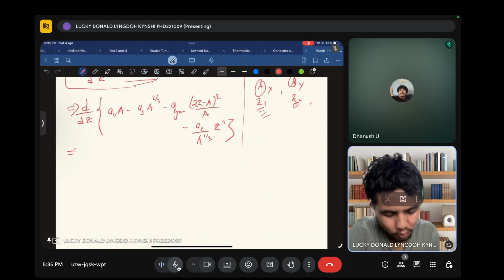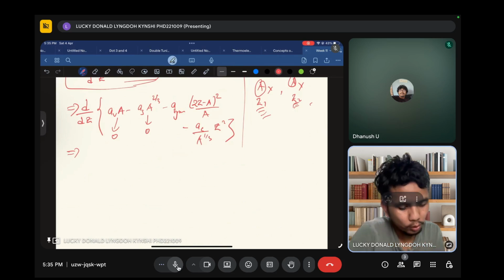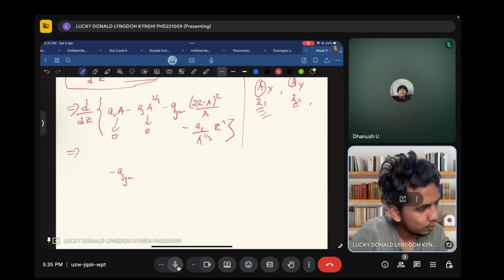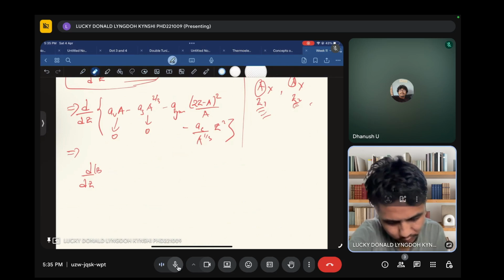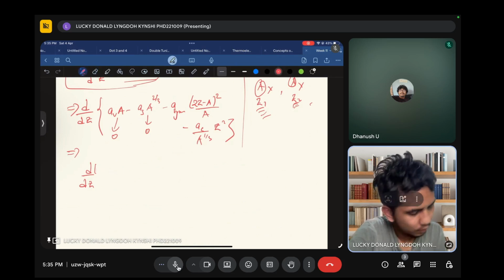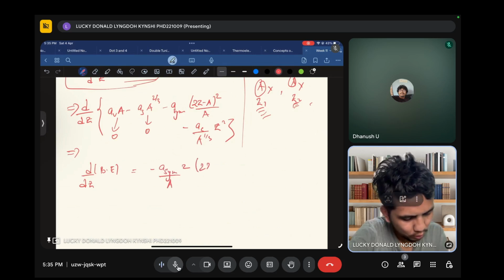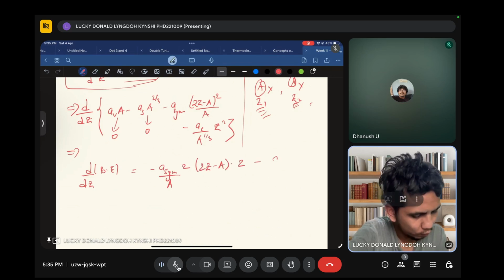Differentiating, the first two terms are 0 since there is no variable Z. Only the third and fourth terms need differentiating. So dB by dZ of the binding energy equals minus a asymmetry times 2 times (A minus 2Z) times minus 2, minus twice a Coulomb Z divided by A to the power 1 by 3.